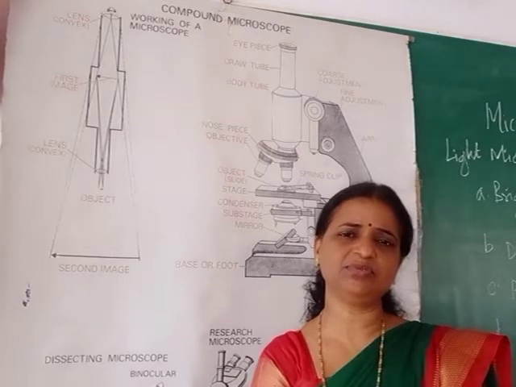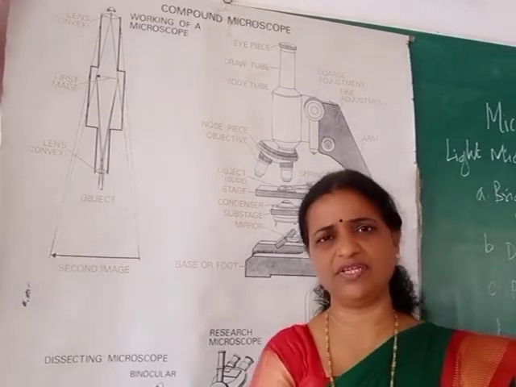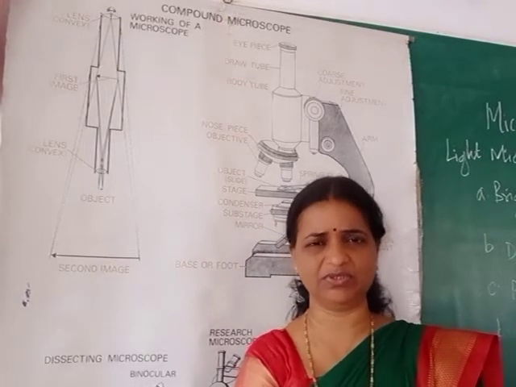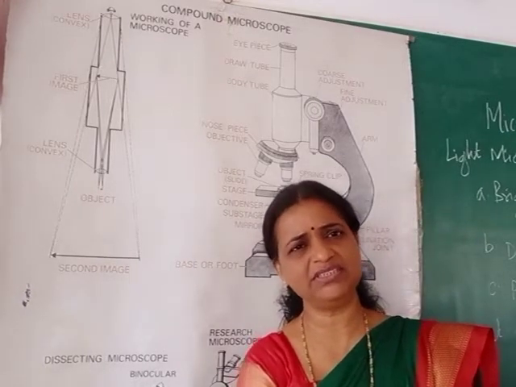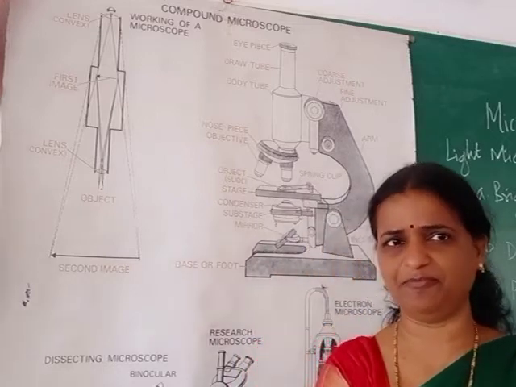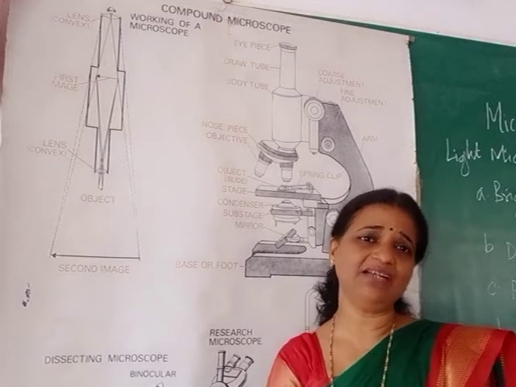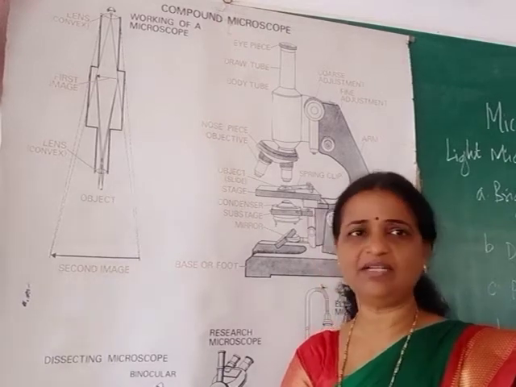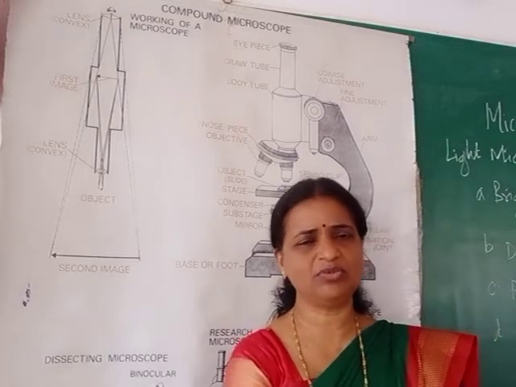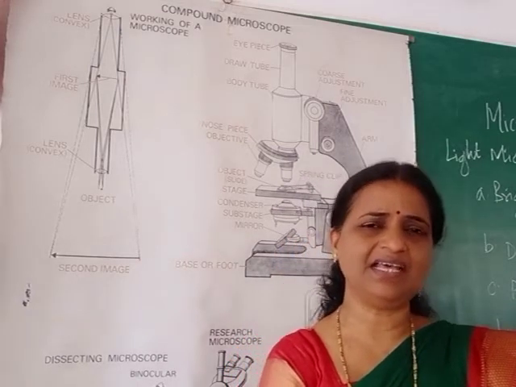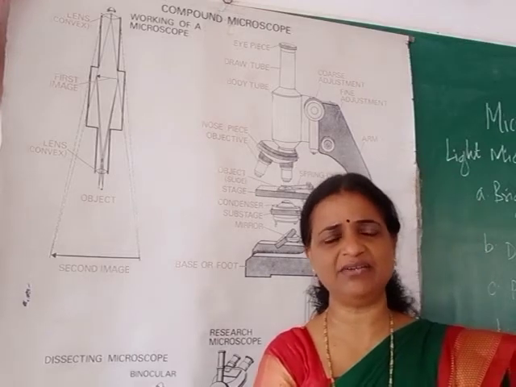These are divided into bright field microscope, dark field microscope, phase contrast microscopy as well as fluorescence microscopy. In electron microscopy, the illumination is done with the help of an electron beam. Our compound microscope falls under the category of bright field microscope. As the name indicates, in the bright field microscope, objects are observed dark against a bright field.